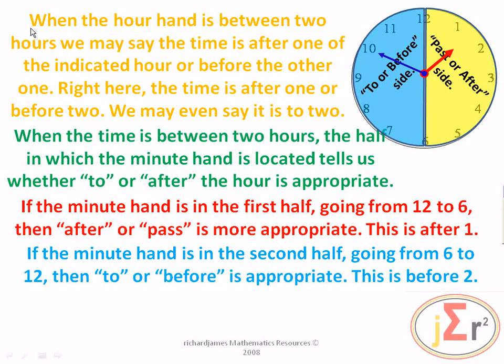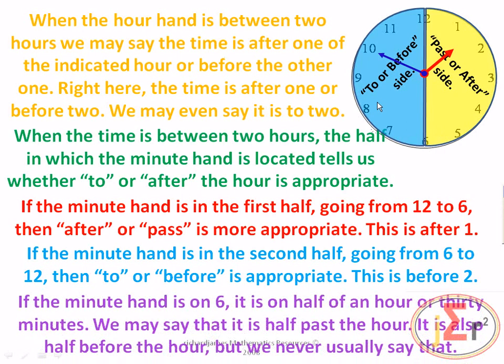So any time may be considered or even called to 2 or after 1, irrespective of which half it is in. But if it is in this half, it is more appropriately called after or past, and if it is in this one, it is more appropriately called to or before.